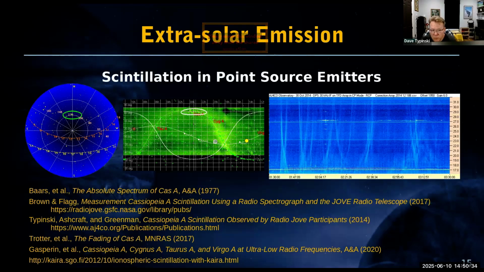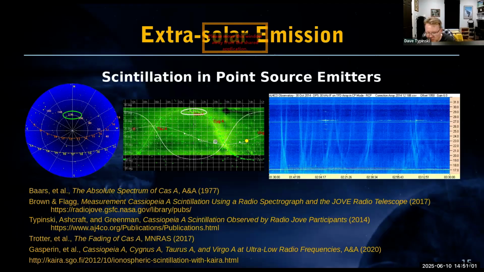So if you had a calibrated Radio JOVE setup, and you had a clear radio frequency, and you're really good with amplitude calibration, you could probably make some contribution here at HF band frequencies to the absolute spectrum of Cas A or Cyg A. It's going to take a lot of data, a lot of nights, because you've got to average.